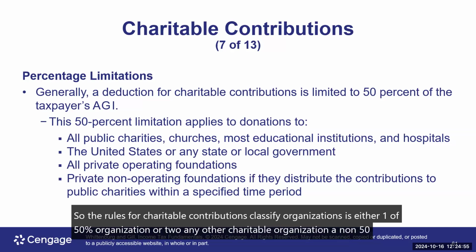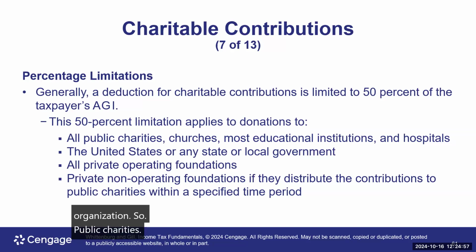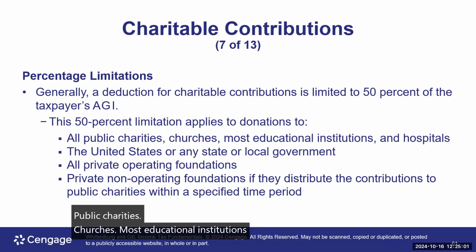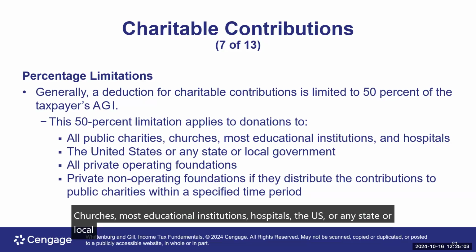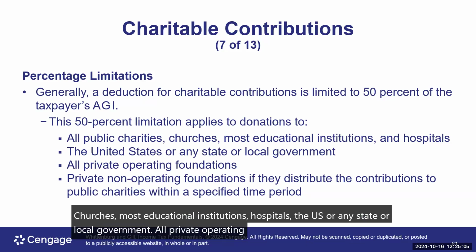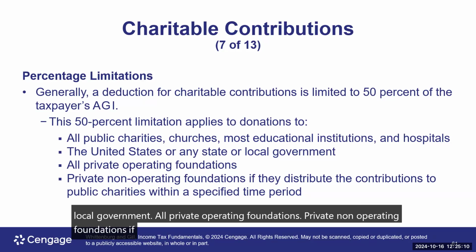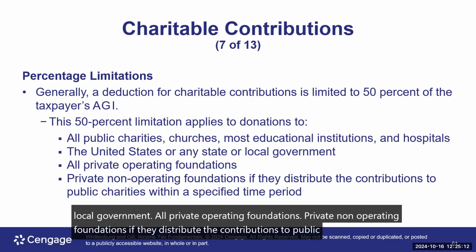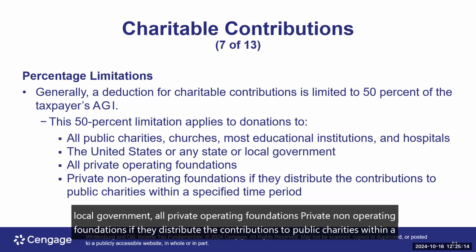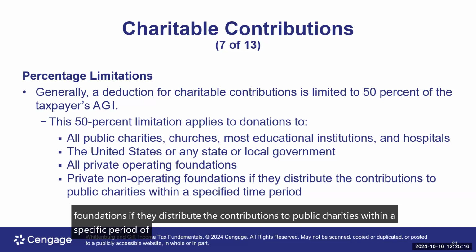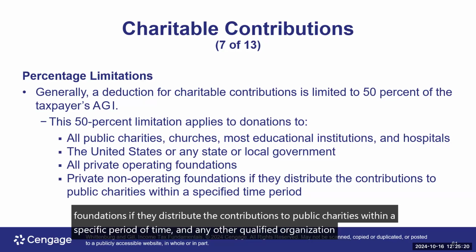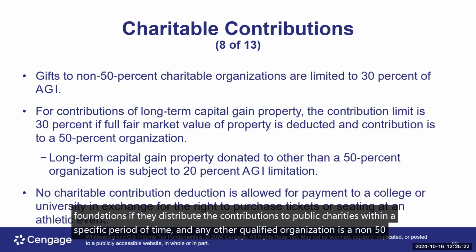Public charities, churches, most educational institutions, hospitals, the U.S. or any state or local government, all private operating foundations, and private non-operating foundations, if they distribute the contributions to public charities within a specific period of time. And any other qualified organization is a non-50% organization.